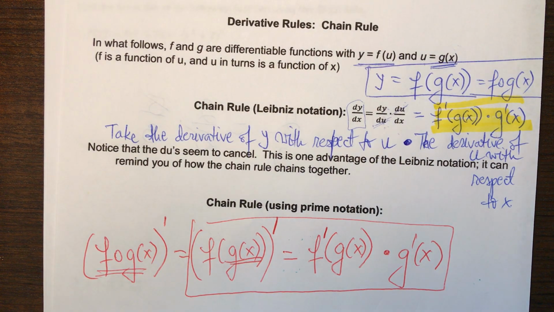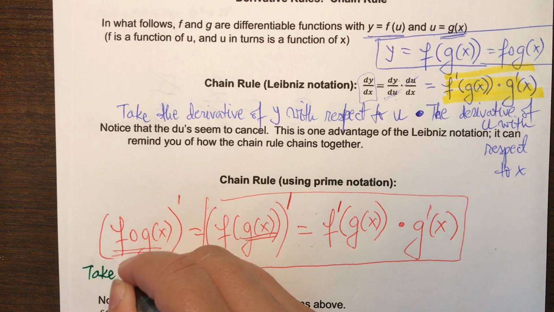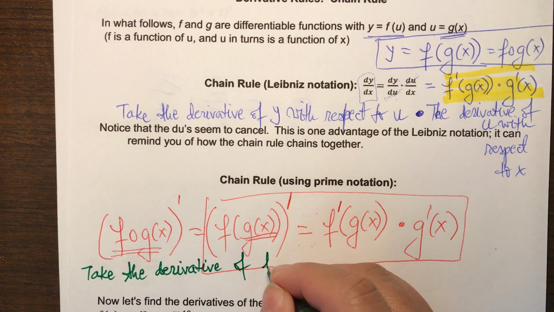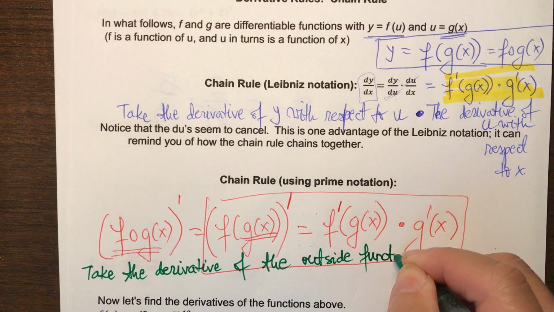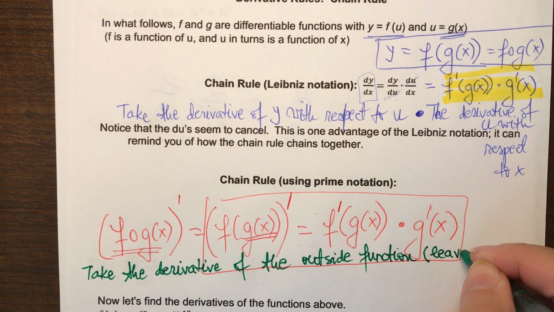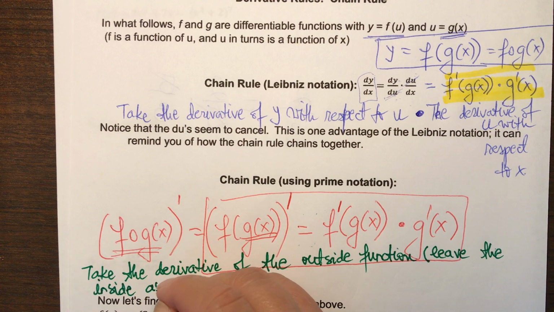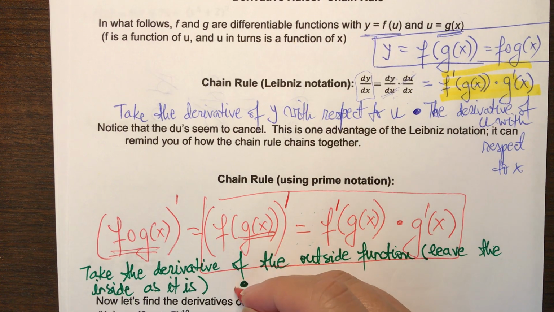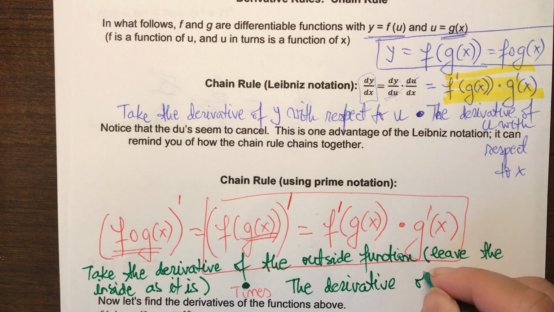Okay. So let me write this down. Take the derivative of the outside function, leave the inside alone, fine as it is, times the derivative of the inside function.